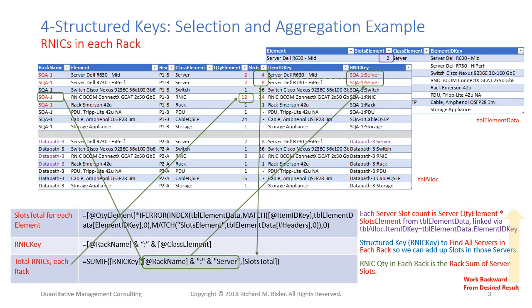Since there may be several server records for a rack name, we use SUMIF. We're looking in the same table, so we don't have to specify a foreign table name in the SUMIF field name parameters. The RNIC records each specify the rack name in which they are installed.